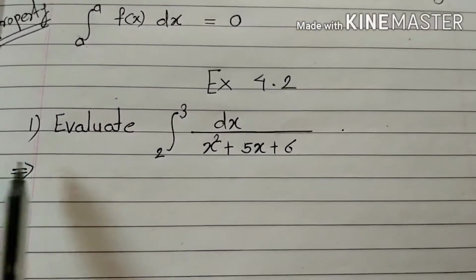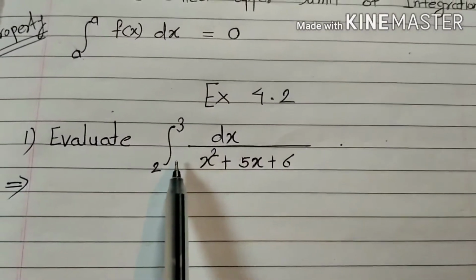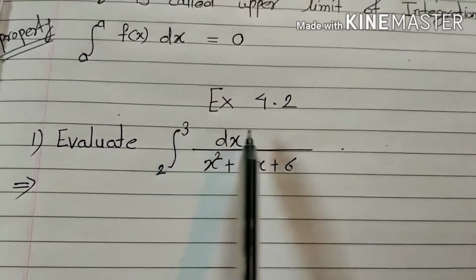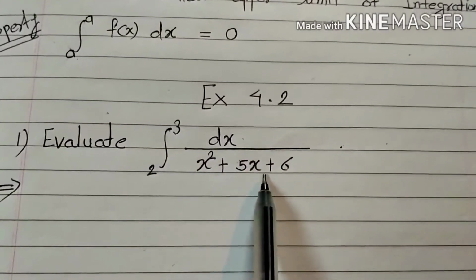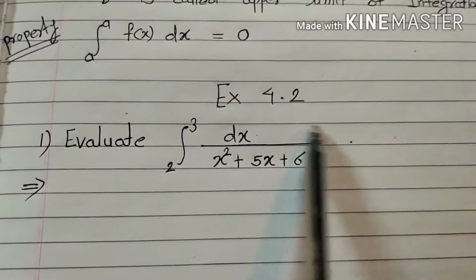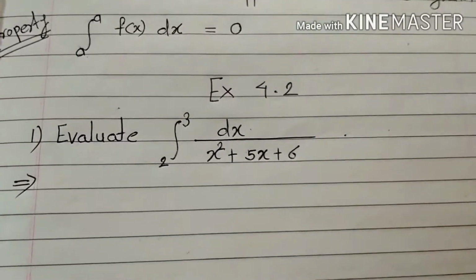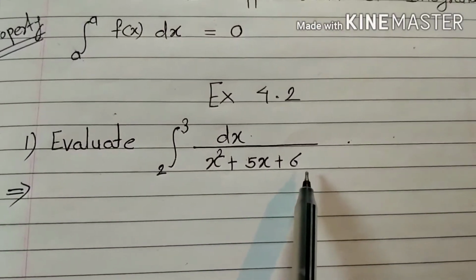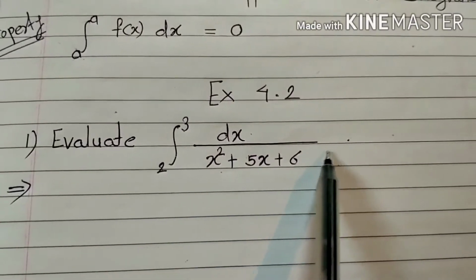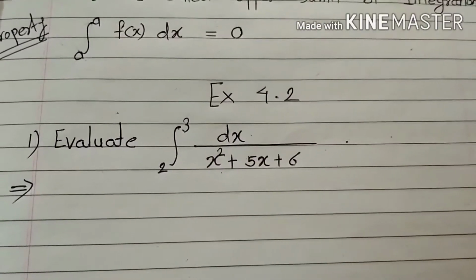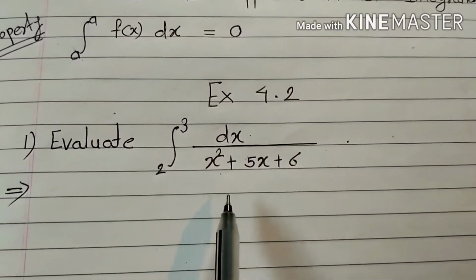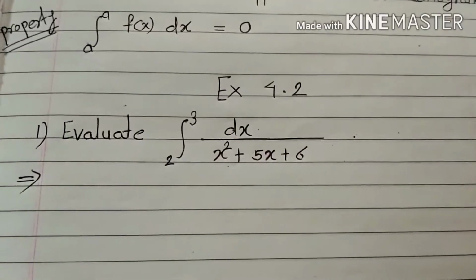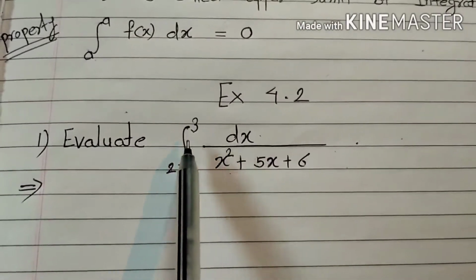So our first example is evaluate integration from 2 to 3 of dx upon x square plus 5x plus 6, which is from exercise 4.2. Students, note that we already solved such examples in indefinite integration. So here the only difference is in the limit.